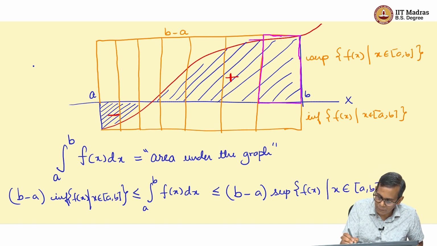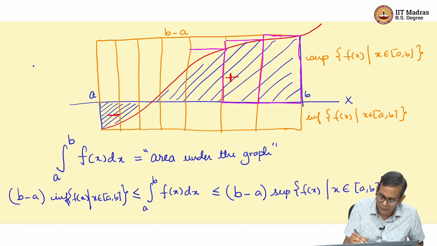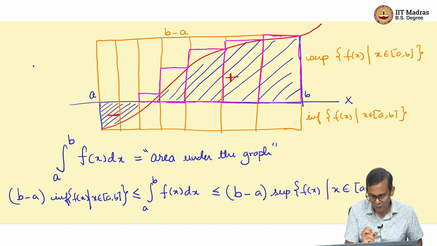On the second segment, I will take this rectangle. On the third segment, I will take this rectangle. On the fourth segment, this. Fifth segment, this. Sixth segment, what should I do?